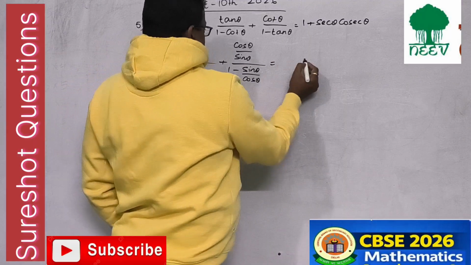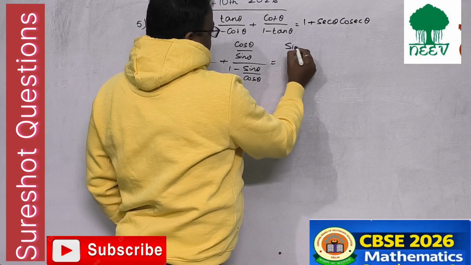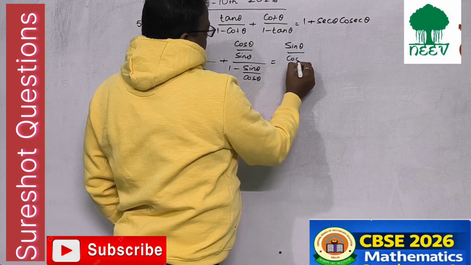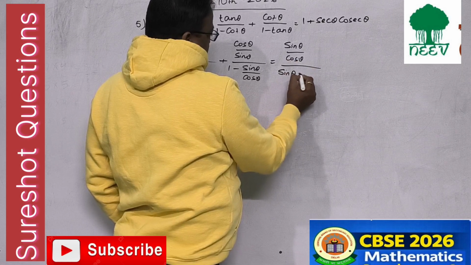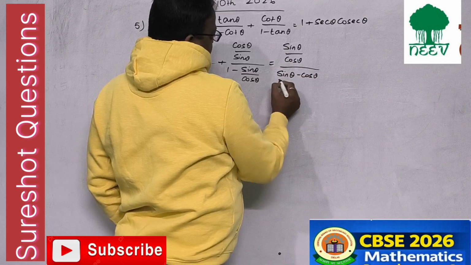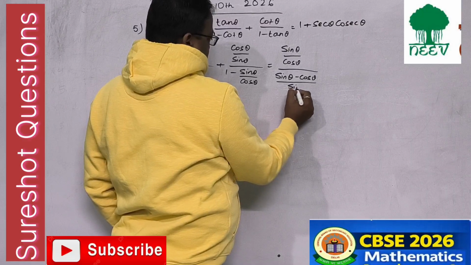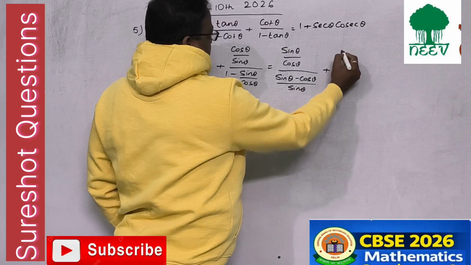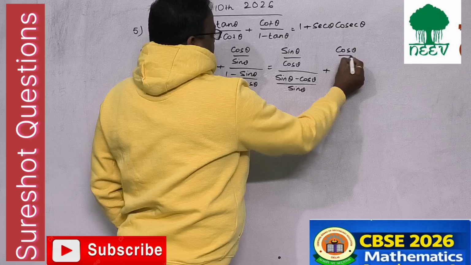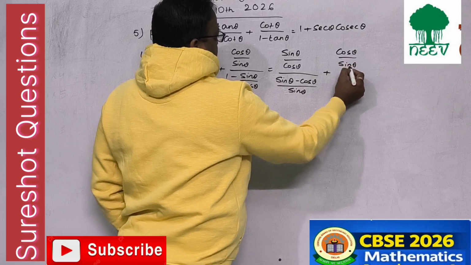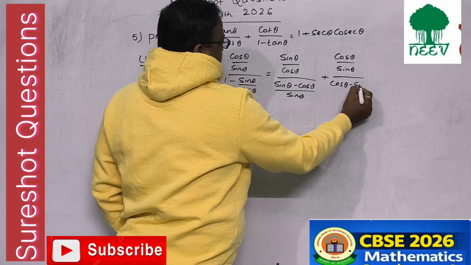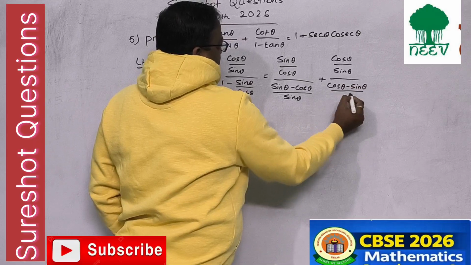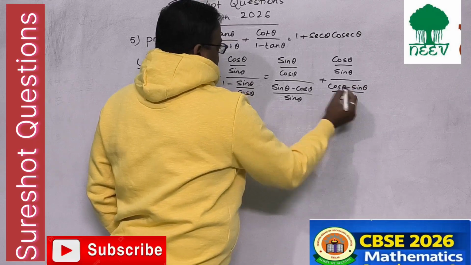So the next step will be sin theta by cos theta. This will become sin theta minus cos theta, and this is your sin theta plus cos theta by sin theta and cos theta minus sin theta by cos theta.